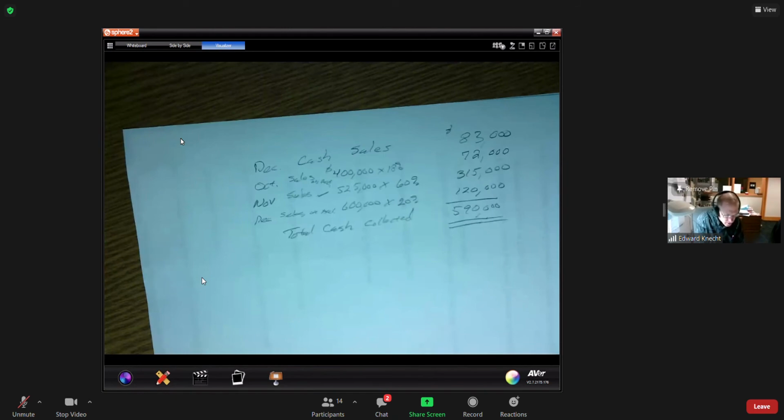And then what's expected cash disbursements? What do they tell us about our purchases of inventory? 30% of the month's inventory purchases are paid during the month. The accounts payable remaining for November's inventory purchases of totaling 161,000, all of which will be paid in December. Okay. So they made it easy, didn't they?